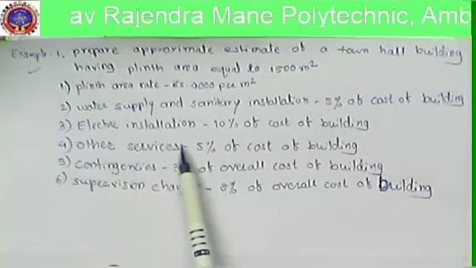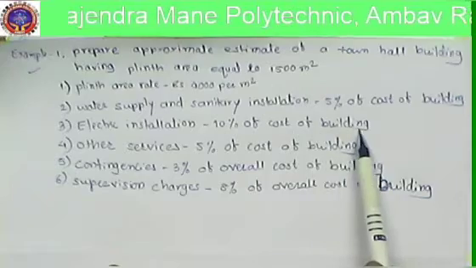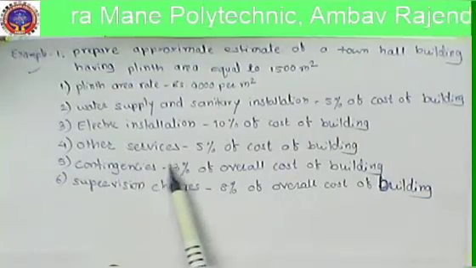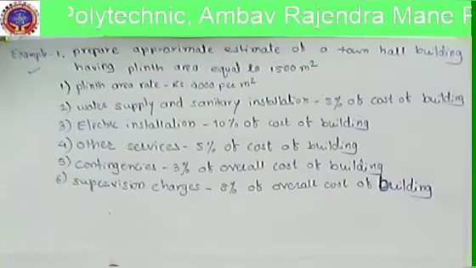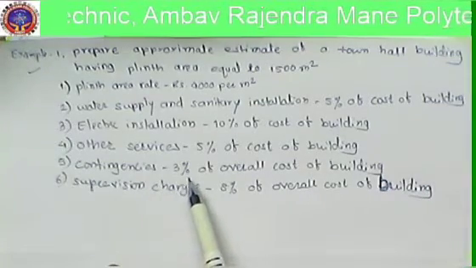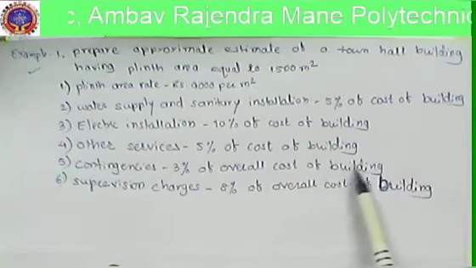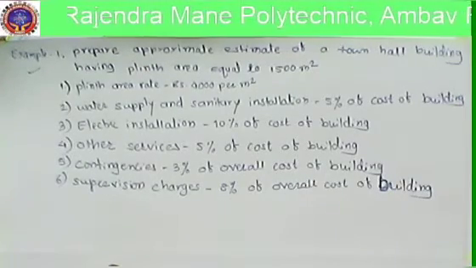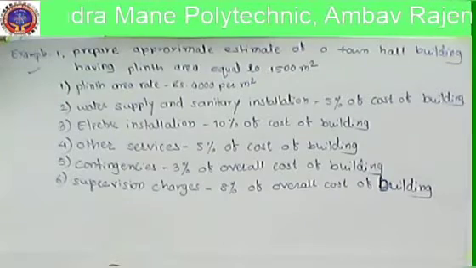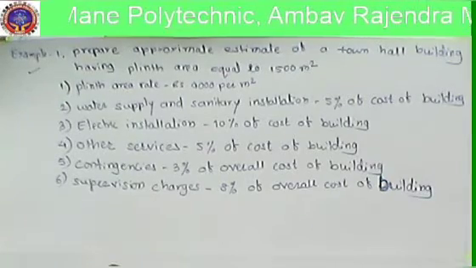Electric installation 10% of cost of building. Other services 5% of cost of building. Contingencies 3% of overall cost of building. And supervision charges 8% of overall cost of building. This is the data given.